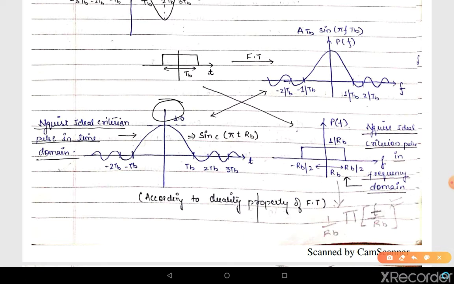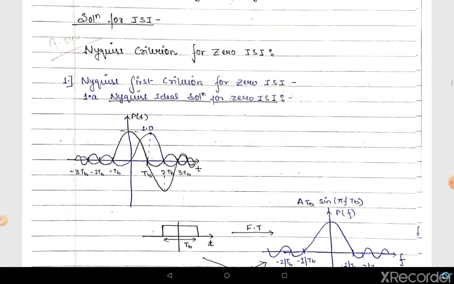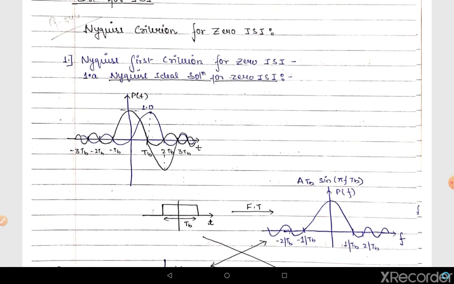For that, we see this diagram. This diagram is basically drawn for three bits: 1, 1, and then another bit that is 0. For the first one we get this pulse, with the first zero crossing at TB, the second zero crossing at 2TB, and for another one we have this pulse, and for the 0 we have this pulse.